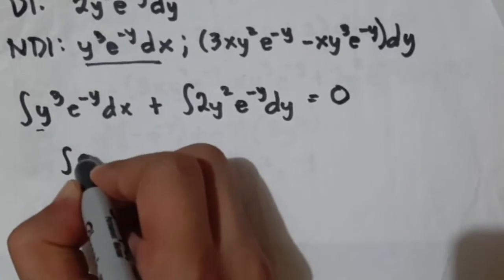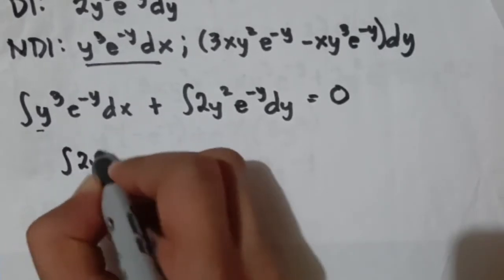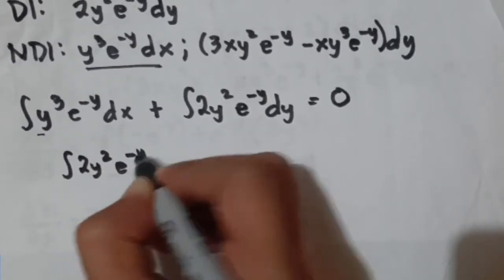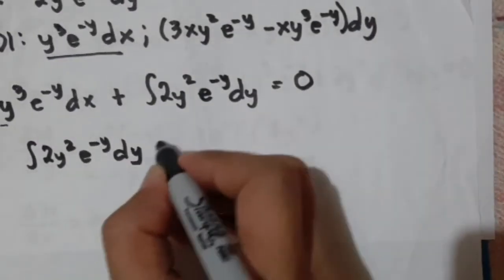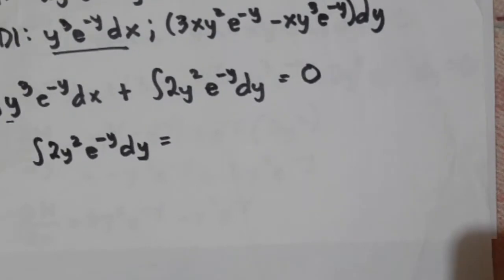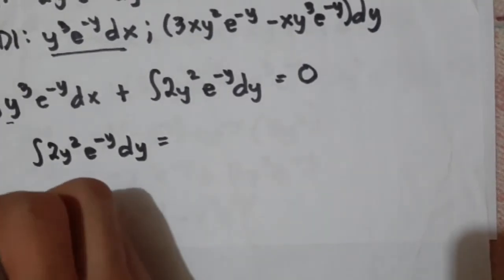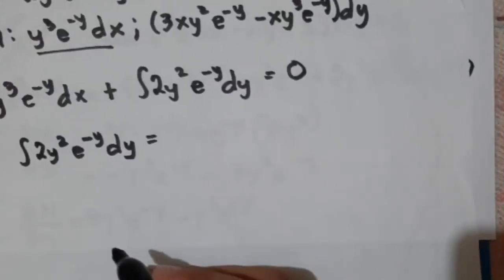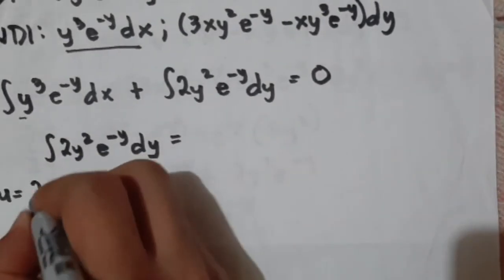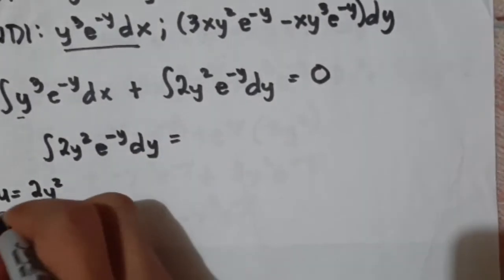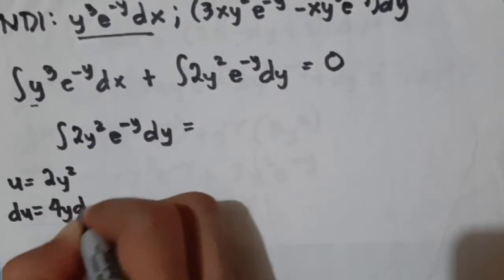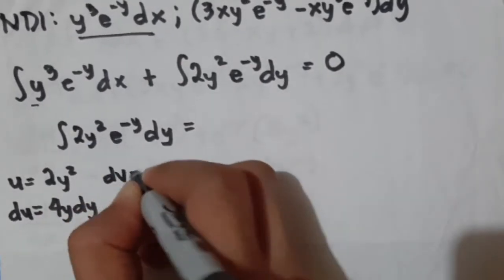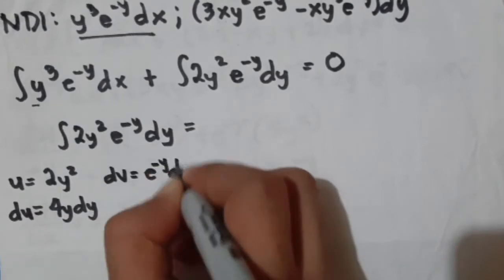This is the integral of 2y squared e negative y dy. So gagamit tayo dito ng integration by parts. Paano integration by parts? Let u be equivalent to 2y squared. Now, the derivative du is equivalent to 4y dy. Our dv is equivalent to e negative y dy.